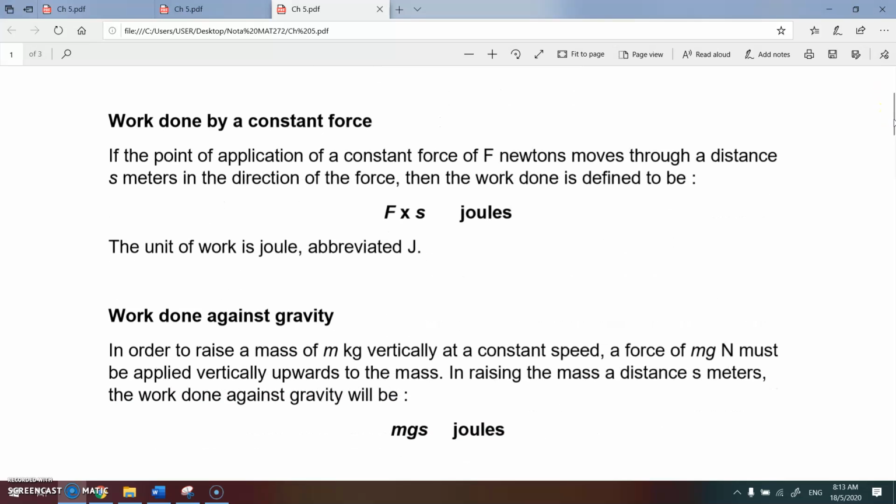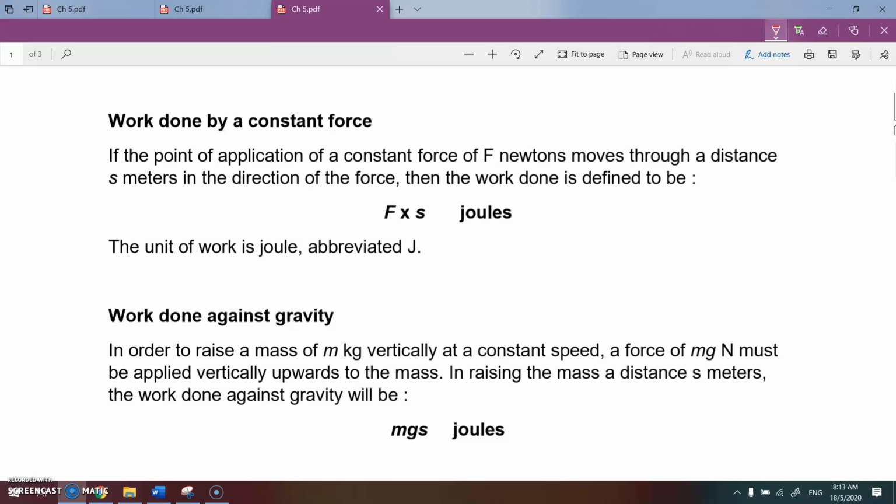So we only have two things to consider. The first one is F, the unit is Newton, and then the distance, the unit is meter. It is Newton meter, or simply you can use joules, represented with a capital J.